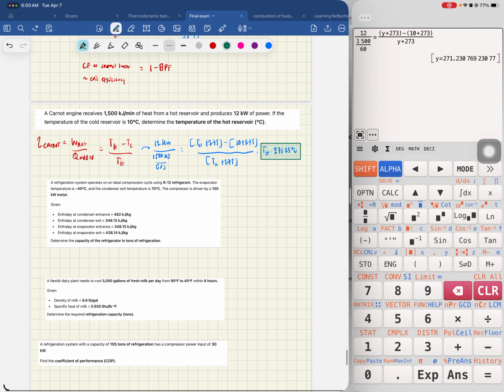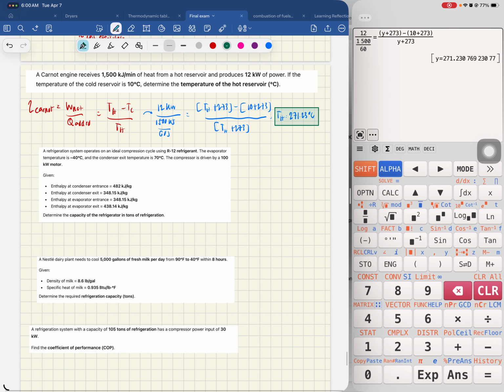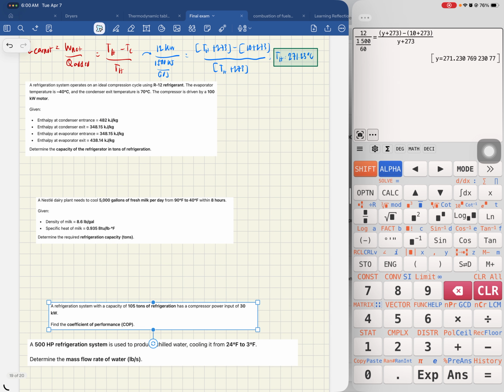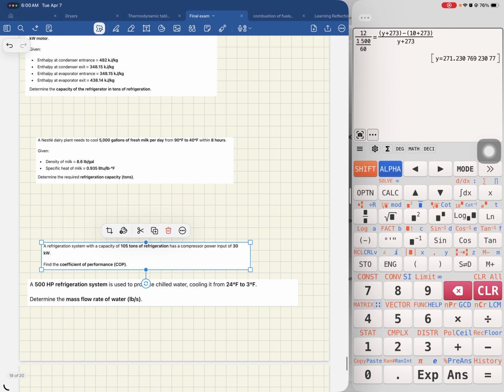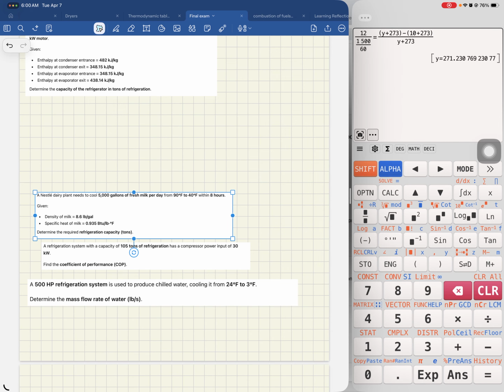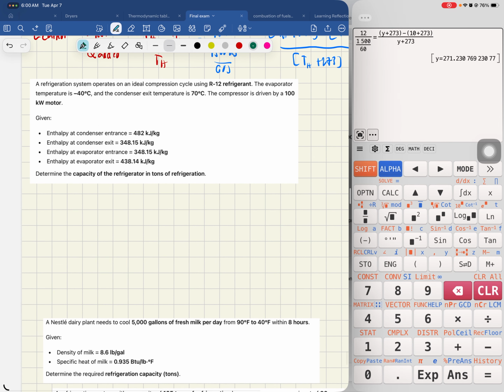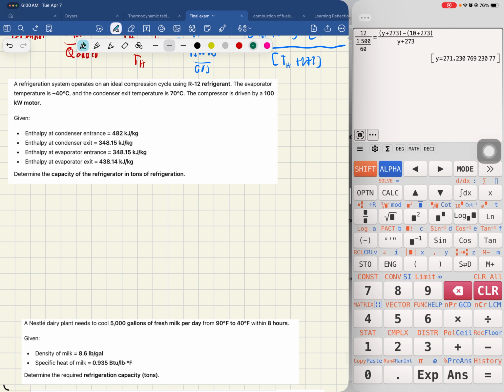Okay. So for the second problem, let's just put it here. Most of the items here are given.